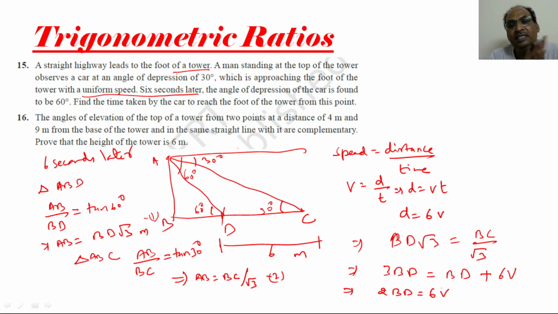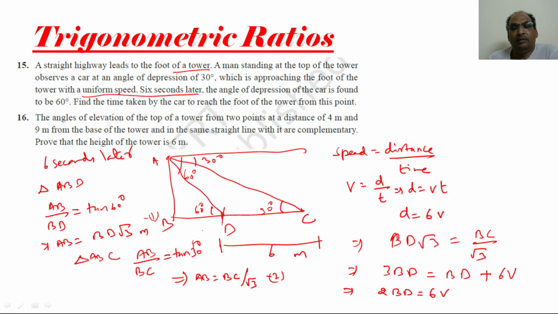Now BD, this distance, how will we find out? It is approaching with constant speed. So this distance BD is also v into t, time. But how much time taken, that we do not know. And it is moving at uniform speed.